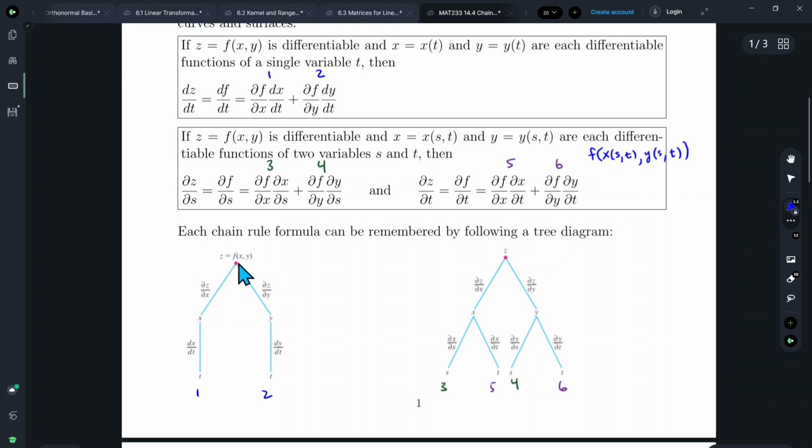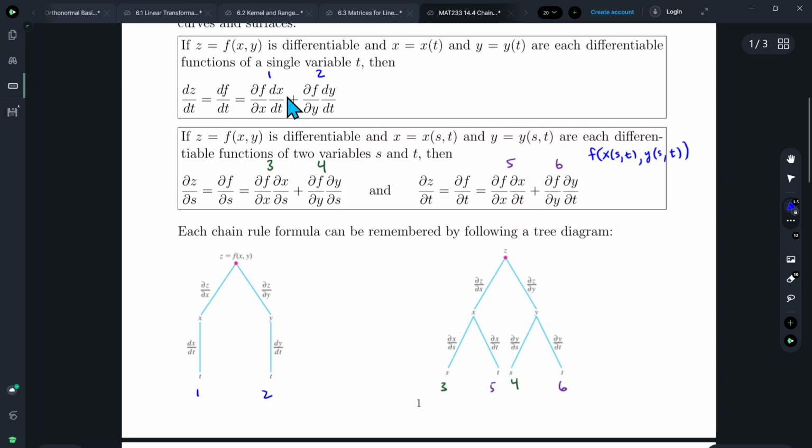So in the tree diagram, you collect all branches, starting from the top node all the way to the bottom nodes, that go from f all the way to t. So here I start from f, I end up with t here, and if I start from f here, I also end up with t here. And so this branch here represents this first term, and this second branch here represents this term here.